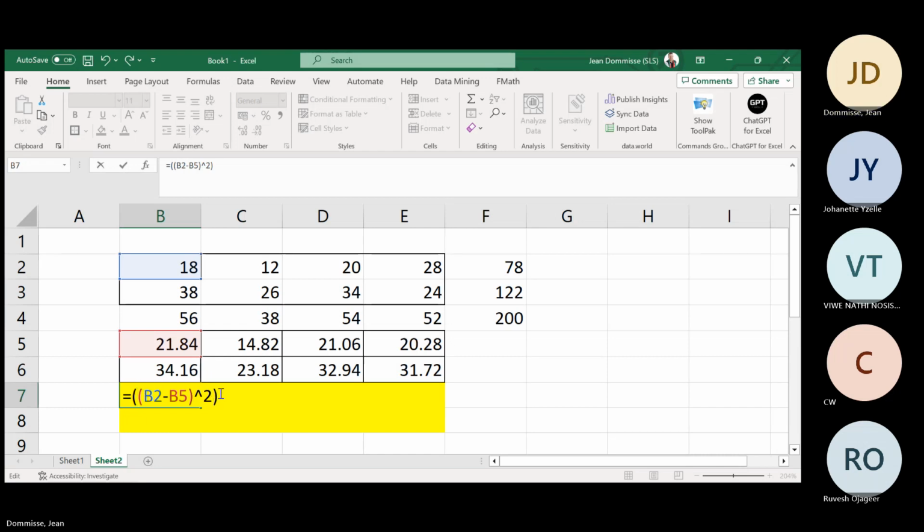So for you guys to have done this now in the exam, you needed to make 1, 2, 3, 4, 5, 6, 7, 8 expected values.